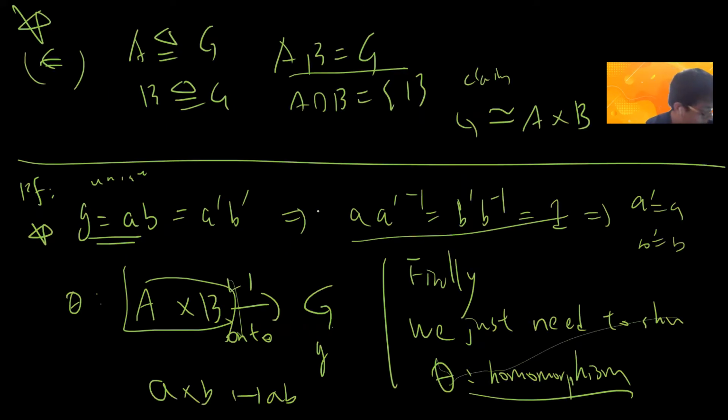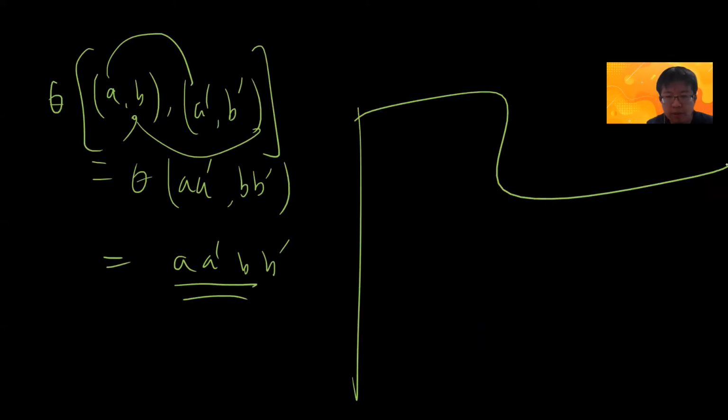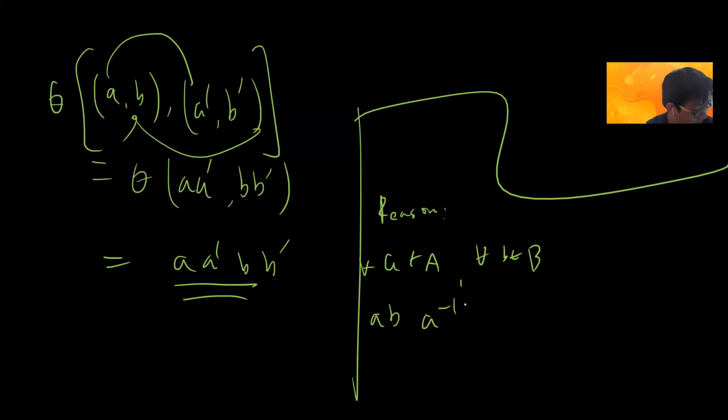So now we need to evaluate this. But notice that a and b actually commute. The reason is that for all a belonging to A and for all b belonging to B, we look at a b a inverse b inverse.